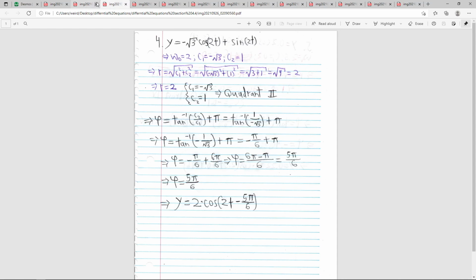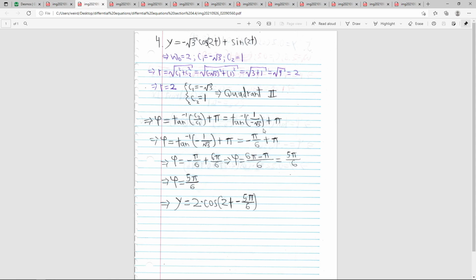This is negative square root of 3 cosine 2t plus sine of 2t. This time it's a little different in terms of quadrants than what we're used to. Omega naught equals 2, c1 equals negative square root of 3, and c2 equals 1. You get r equals 2 again. A negative c1 and a positive c2 means quadrant 2. So we have inverse tangent of c2 divided by c1, plus pi.